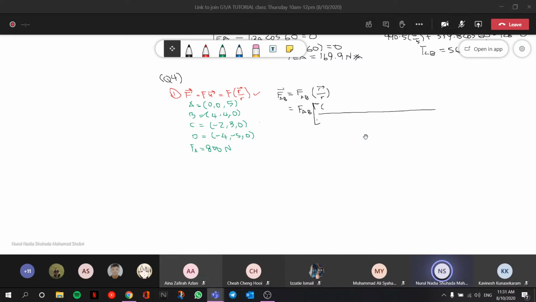So our vector is actually the difference between two coordinates. So basically we are looking for vector force AB.